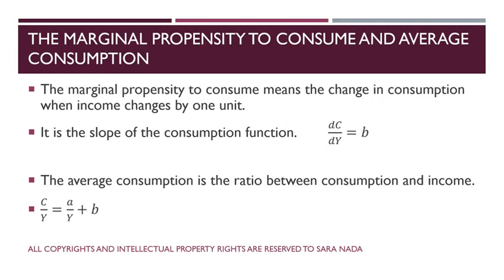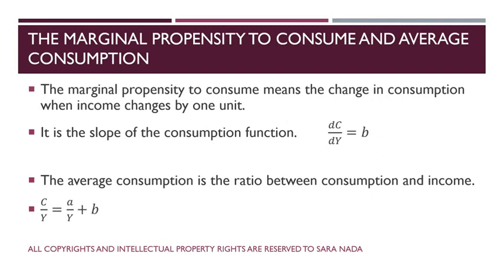So it is the slope of the consumption function, as I stated in the previous slide. Again, it measures the change in consumption when income changes by 1 unit, which is the slope of the consumption function. It is dC by dY. What will happen to the consumption when the income changes by 1 unit?